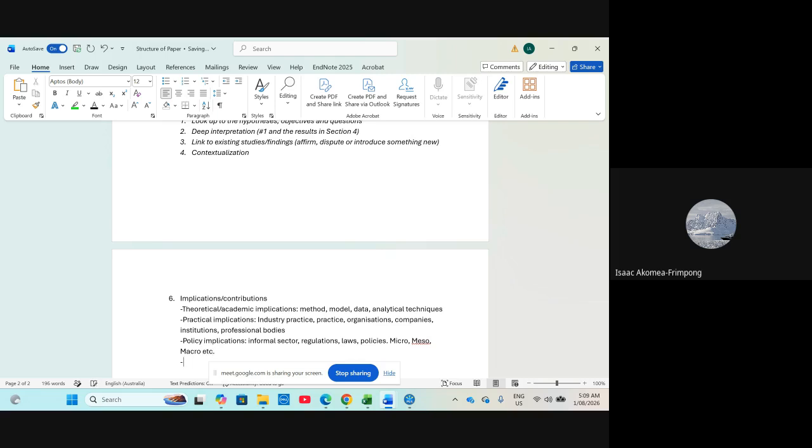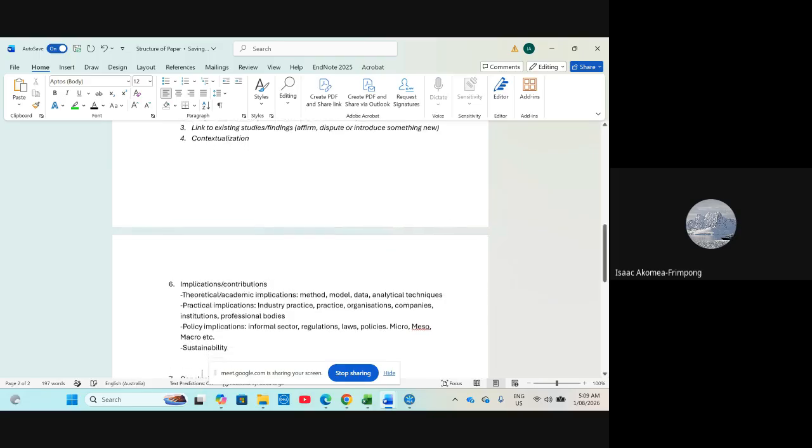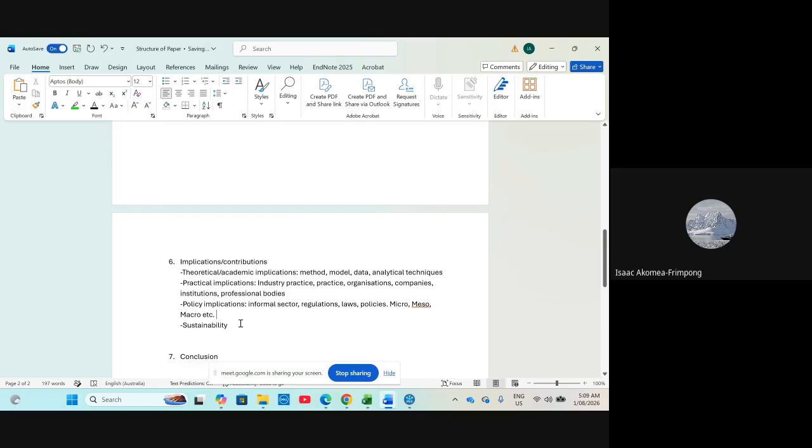Now, another one which in recent times has become very important is how your study contributes to the achievement of sustainability. And by sustainability, I mean the SDGs. Many studies now, many journals, especially sustainability-related journals, would love to see how your study is helping us to resolve one of the SDGs.